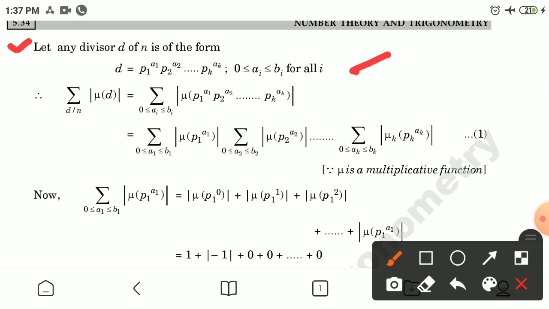Therefore the summation of mod of μ(d) when d divides n is written as the summation of mod of μ(p1^a1 p2^a2 ... pk^ak), with ai from 0 to bi. Since μ is a multiplicative function, this is written as number 1.